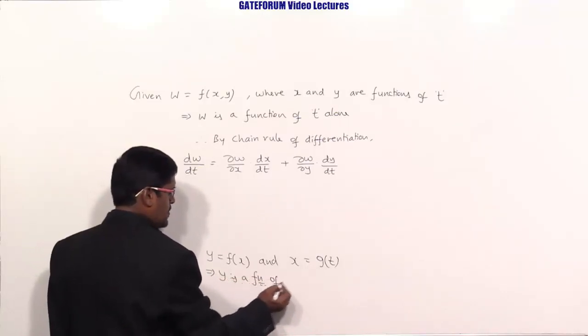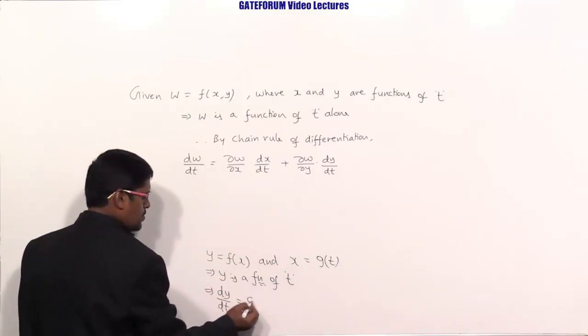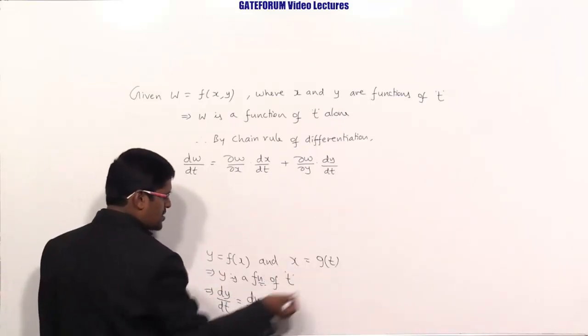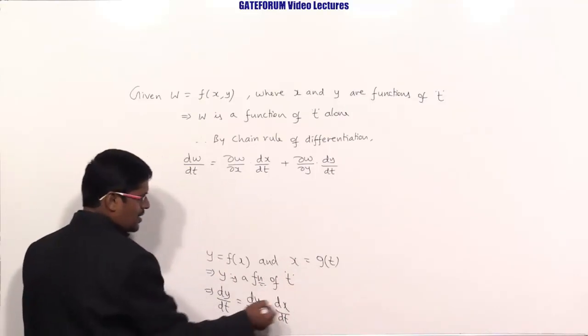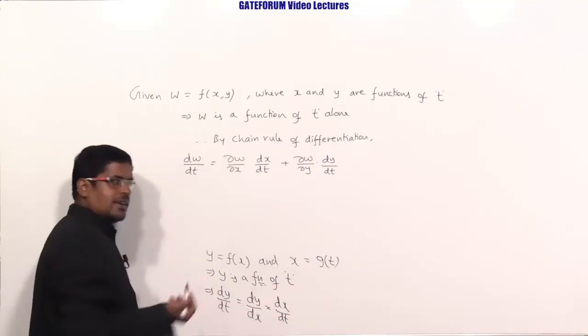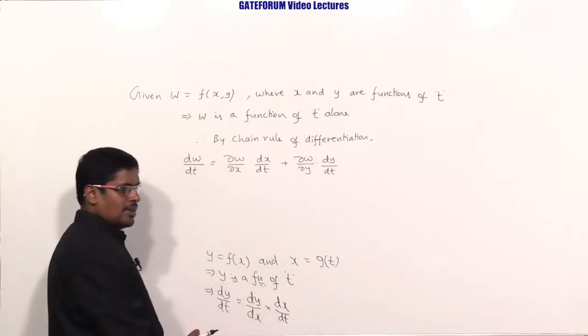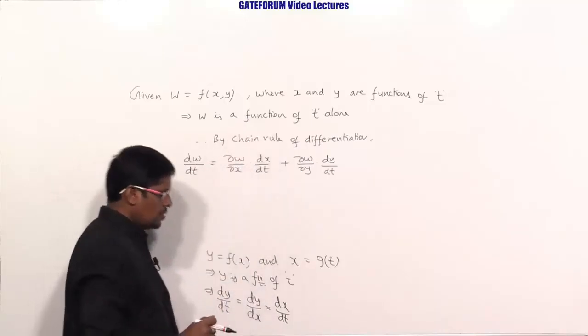So dy by dx, and then x is a function of t, so you should multiply this dx by dt. So just dy by dt. So don't treat it as cancellation, just for understanding easily. So this is one variable chain rule. This is the rule for partial derivatives.